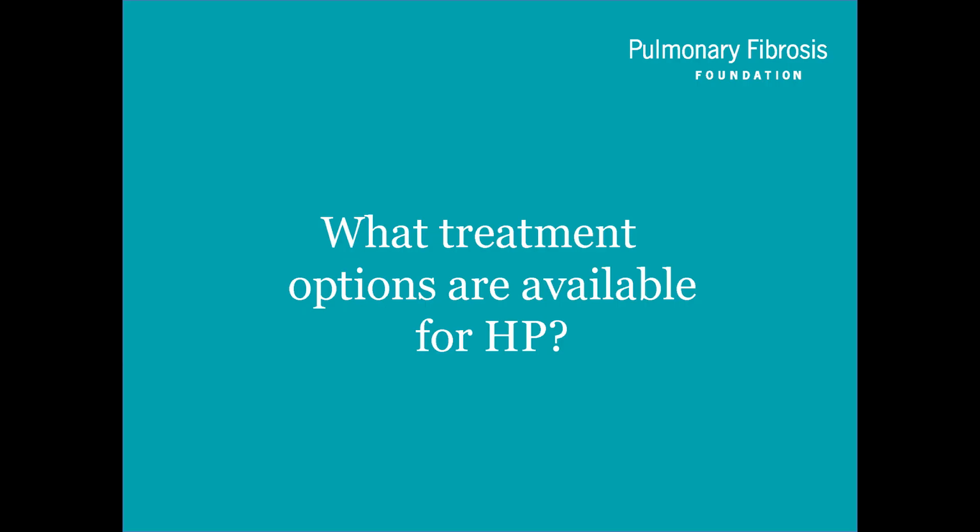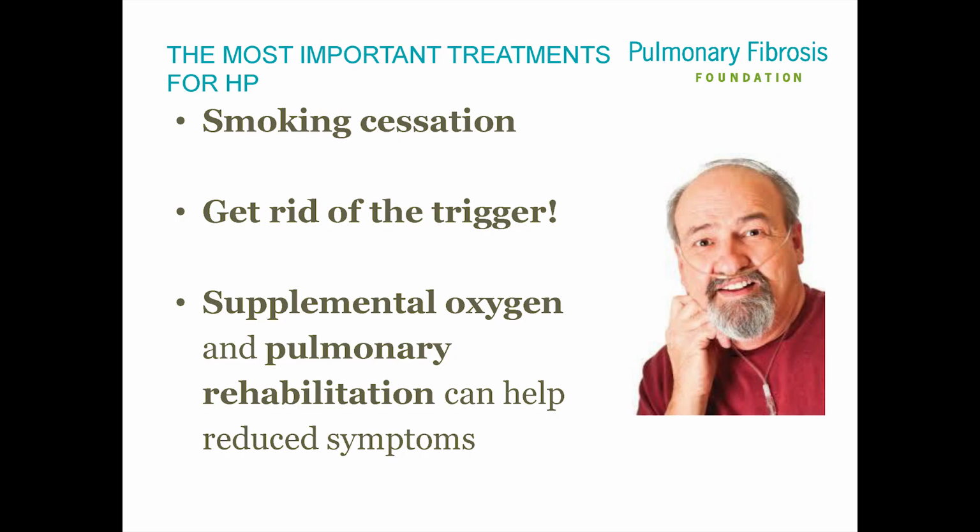Well, what treatment options are available for people living with HP? So just like for other forms of pulmonary fibrosis, smoking cessation is critical. Very important. Now, if you have HP, it's important to try to find what caused it, what we often call the trigger. You may also hear doctors use the word antigen.